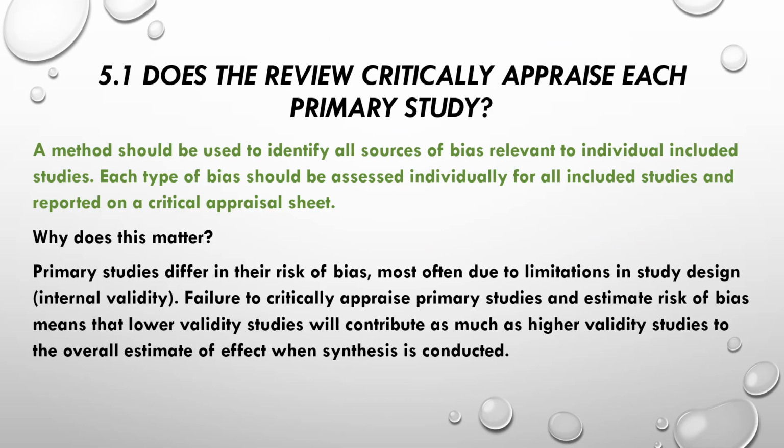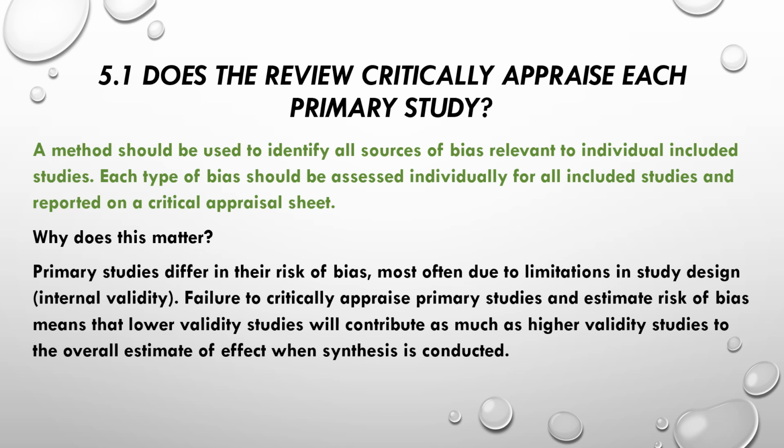So, for Criterion 5.1, unlike previous criteria, our attention is switched from the conduct of the review itself to the conduct and risk of bias of the included primary studies. Ideally, the review authors should have created a checklist or used a recommended risk of bias tool to identify each type of bias and how to categorize risk.